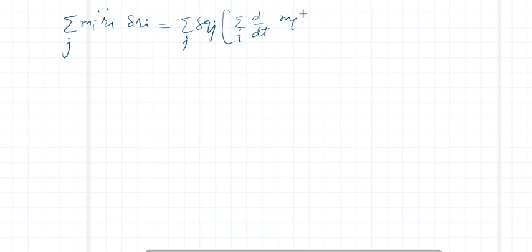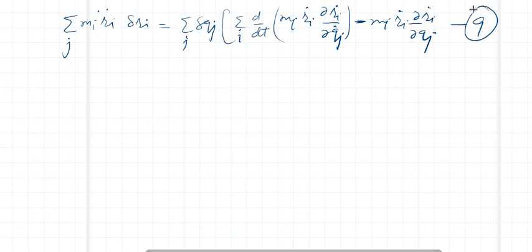Now I have obtained the equation: summation of mi, just rewriting this, δRi, summation over j, must be equal to summation over j of δqj times the summation over i of d/dt of mi Ṙi · ∂Ṙi/∂q̇j, minus mi Ṙi · ∂Ṙi/∂qj. Let me call this equation number 10.